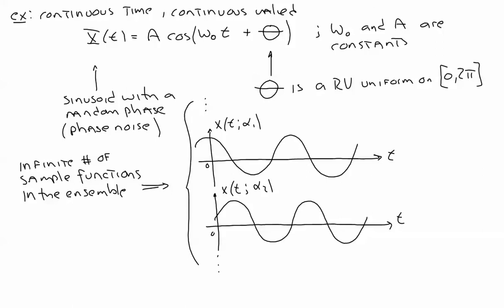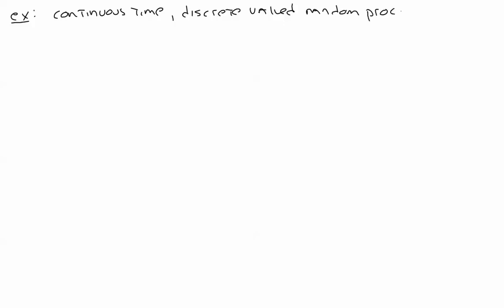All right, let's look at one more. Let's look at a continuous time discrete valued random process. Let's use a different letter.